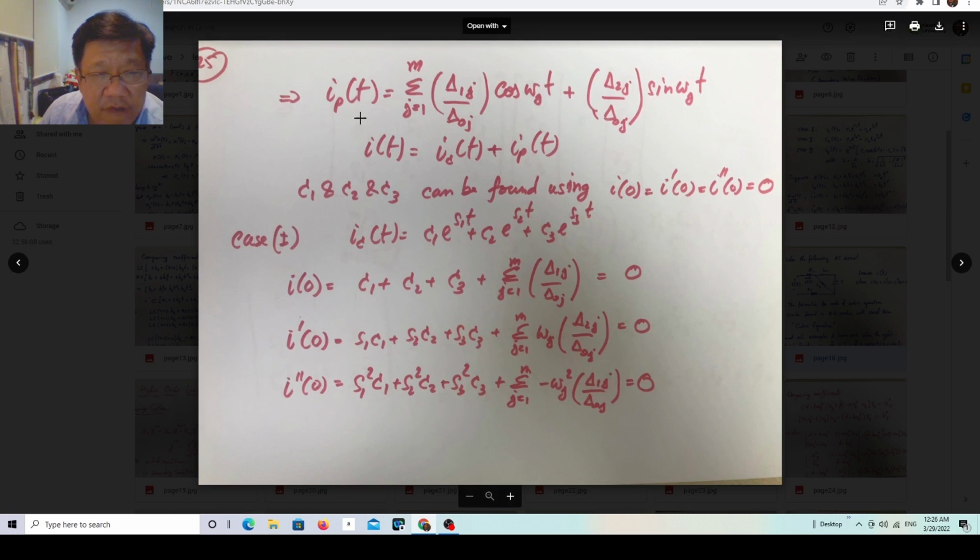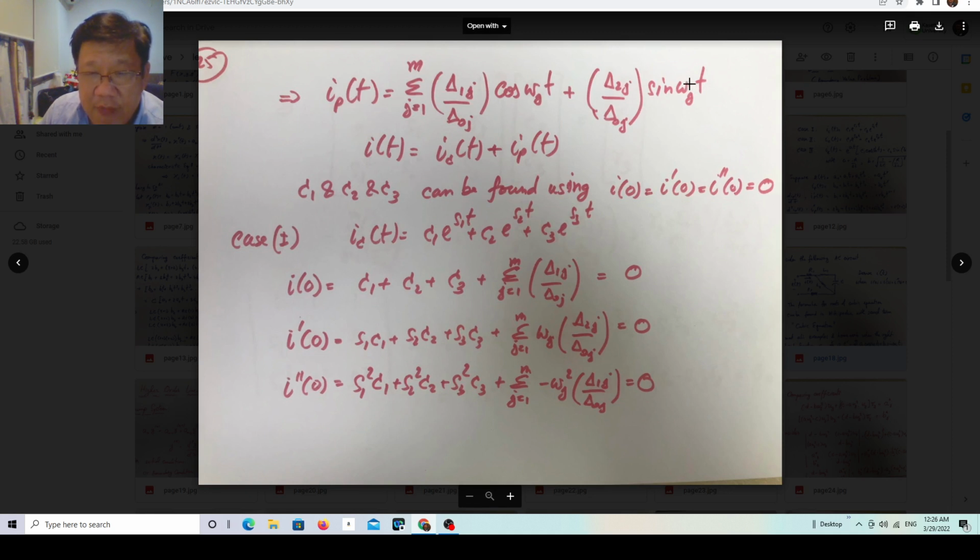But then for Ip of t, you also have to find the first derivative. Once you find the first derivative of Ip, this cos becomes minus sine, and therefore this term vanishes when you evaluate at t equal to 0. But this term, sine, becomes cos, and when you evaluate at t equal to 0, this term delta 2j over delta 0j becomes effective.